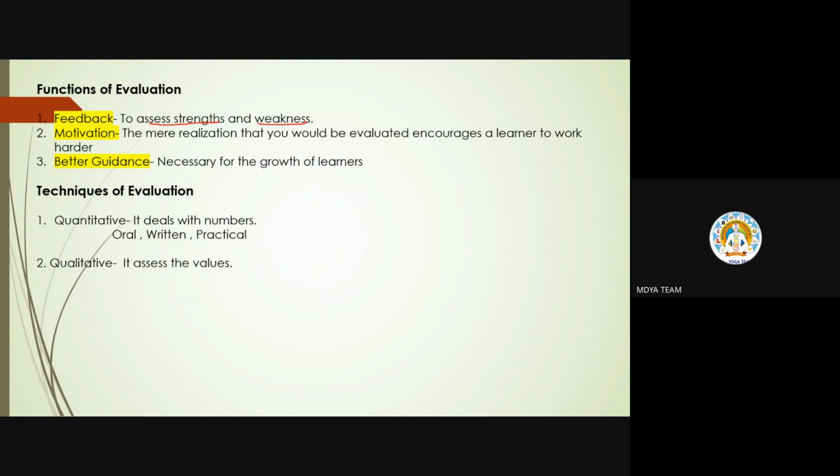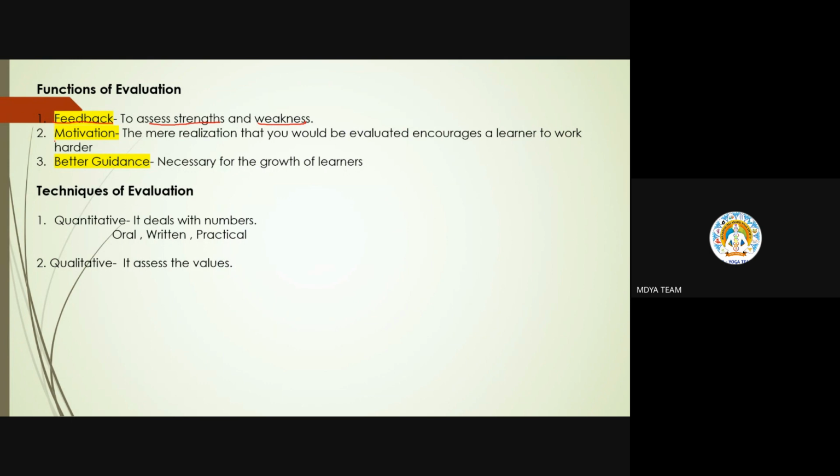If you are going from class 8th to 9th, you get a report card. In that report card, your marks are mentioned, your positive things are mentioned, your negative things are mentioned. So this is your feedback. Feedback contains positive things as well as negative things. So feedback helps in assessing the strengths and weaknesses of a learner.